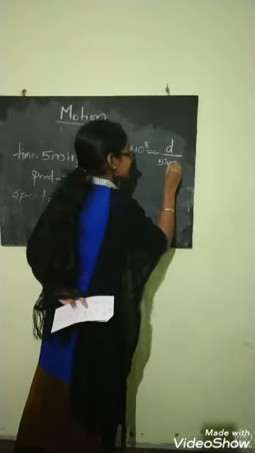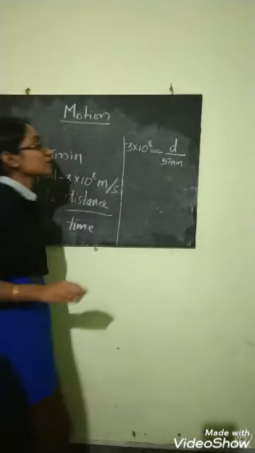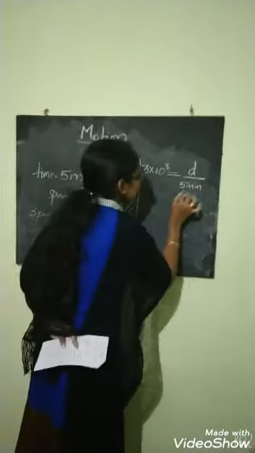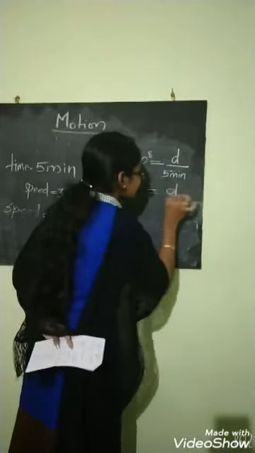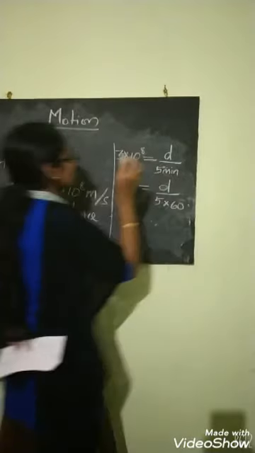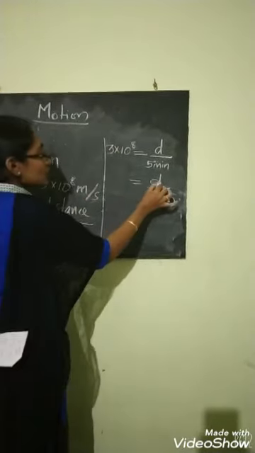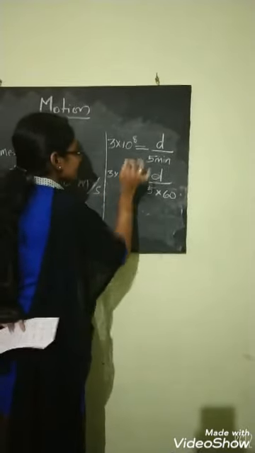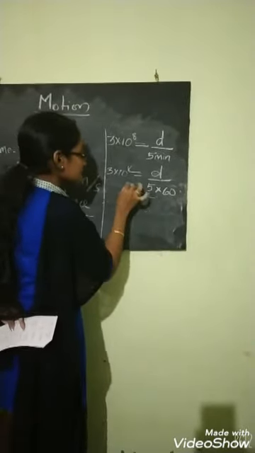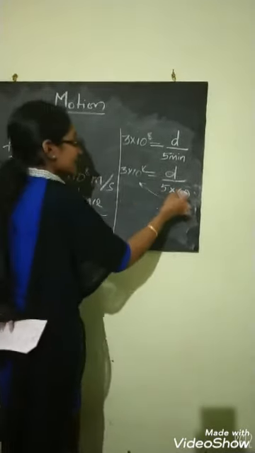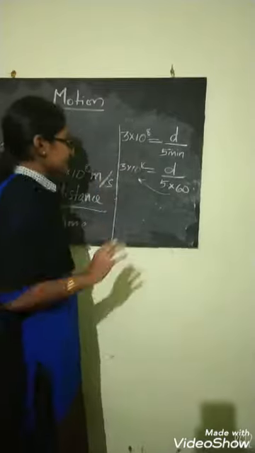So we want to convert this minute into seconds. Then it is equal to d by 5 into 60. So for finding this d, we take the 3 into 10 raised to 8 to this side, and the division turns into multiplication.